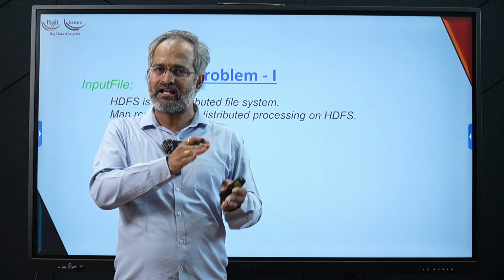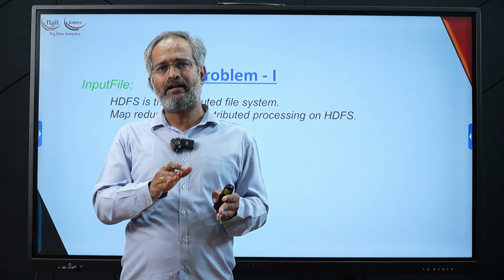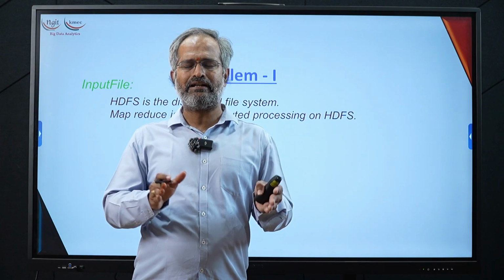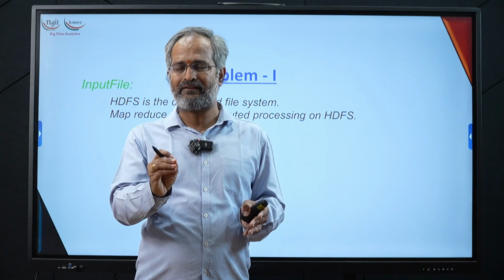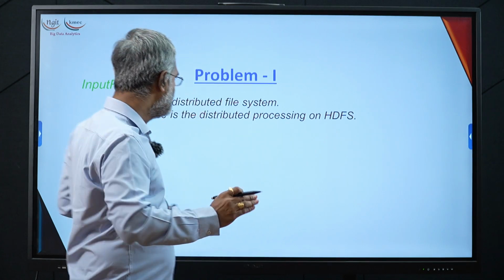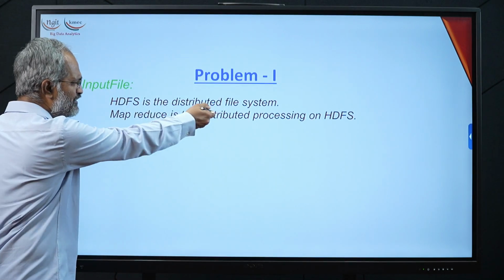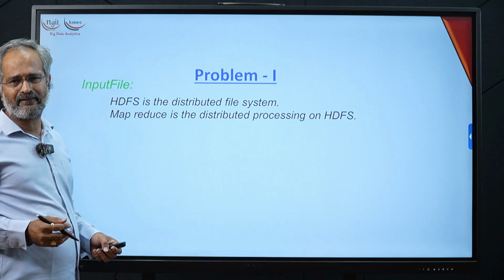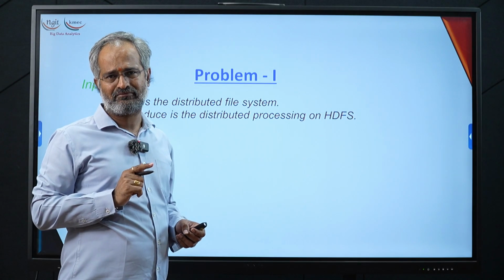The old versions have 64 MB and current versions have 128 MB as the split size or the block size. Here it has only 2 lines, so very small, and because of that only one split is enough.